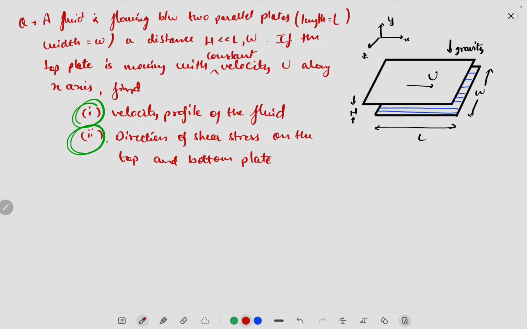So we have to find the velocity profile, something like this, of the fluid, and the direction of the shear stress on the top plate and on the bottom plate. Since nothing is given about the bottom plate, we'll assume it to be stationary.